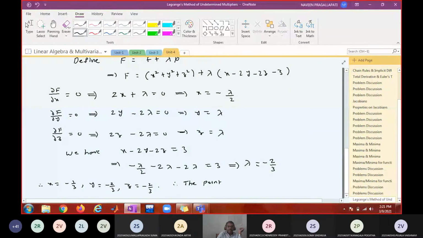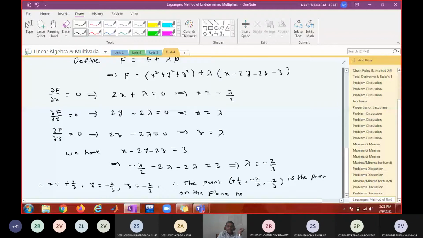Therefore, the point, sorry, is this minus 1 by 3? It is plus 1 by 3, minus 2 by 3, minus 2 by 3, is the point on the plane nearest to origin.